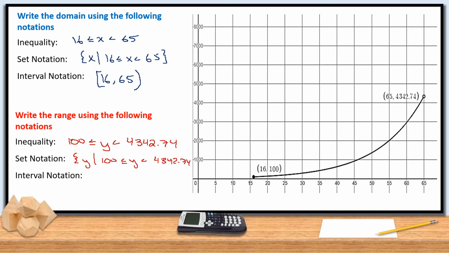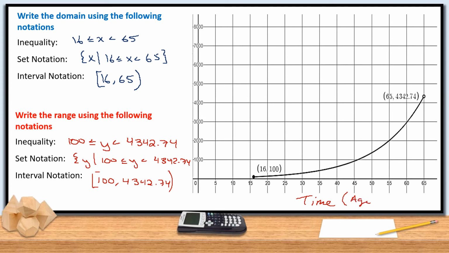And interval notation, 100 is the lowest point, 4342.74. 100 is included, 4,342 not included.